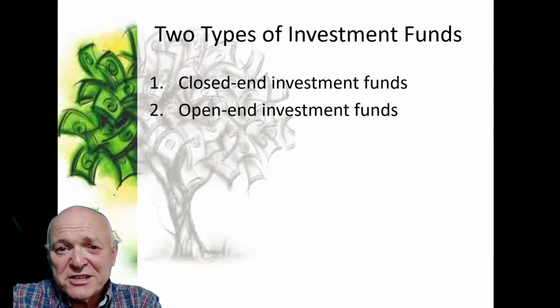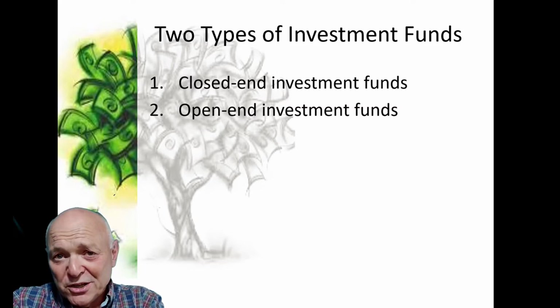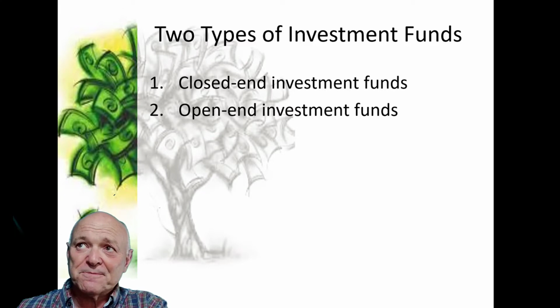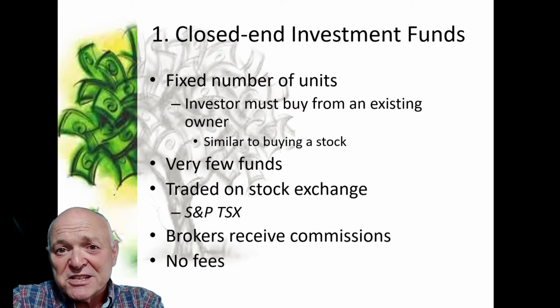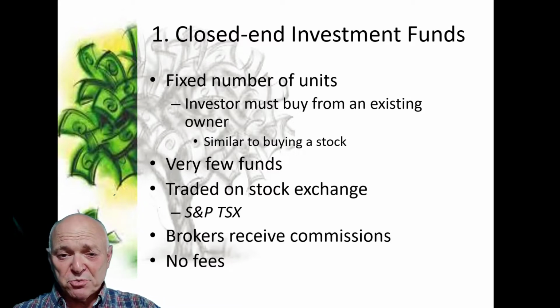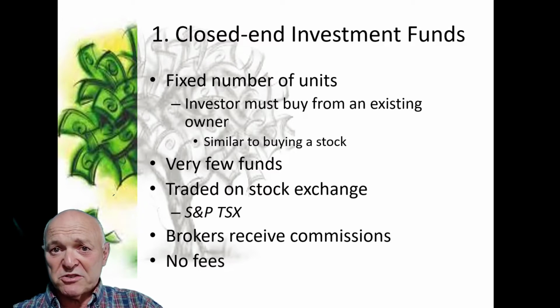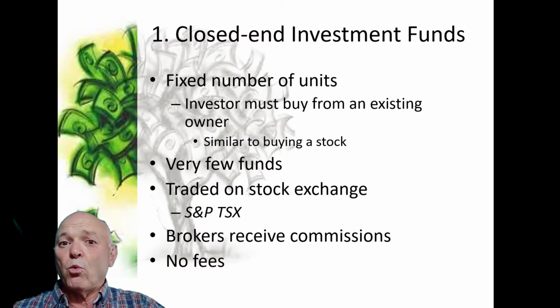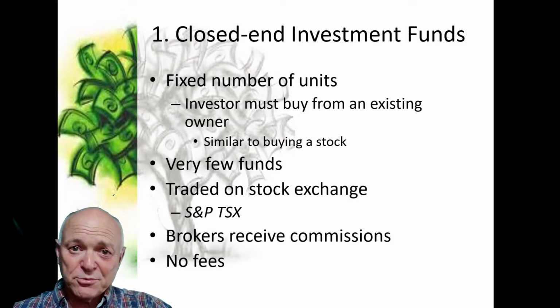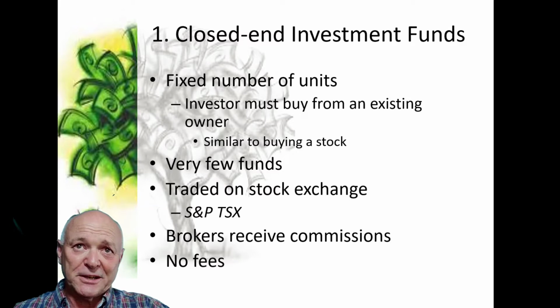There are two main classes of mutual funds, the closed-end investment funds and the much more commonly used open-ended investment funds. Closed-end investment funds essentially have a fixed number of units that are available for sale. When the fund is established, the fund manager will say, we're going to create a fund of this many millions of dollars with this many units available for sale. Once the fund is fully subscribed, once all of the original units are sold, the only way that you can get into the fund is by buying units from somebody who's selling.